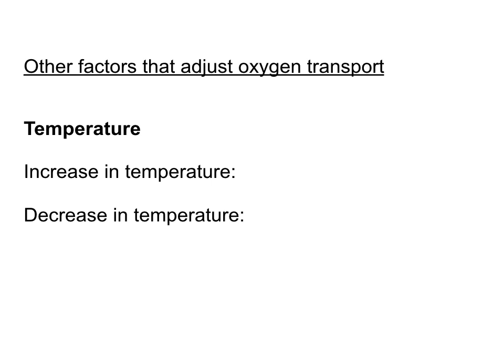There are other factors in addition to this that will affect your oxygen transport. Temperature. If you increase your temperature, hemoglobin actually releases more oxygen. If you decrease your temperature, hemoglobin releases less oxygen. Now, again, try not to compartmentalize this. Think about this in terms of active versus inactive.